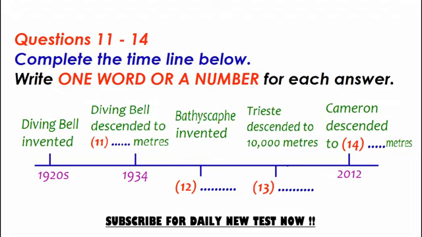The problem with the diving bell was that it had no power of its own, and there wasn't much room for the researchers to move around. So, the next development after the diving bell was the bathyscaphe, a small manned submarine invented in the 1940s. The difference between the two was that the bathyscaphe had its own power source, which allowed the scientists to investigate in the depths of the ocean more freely.